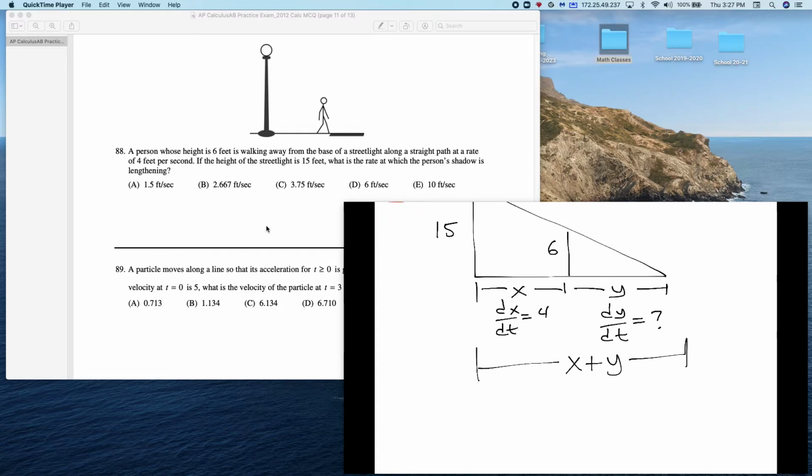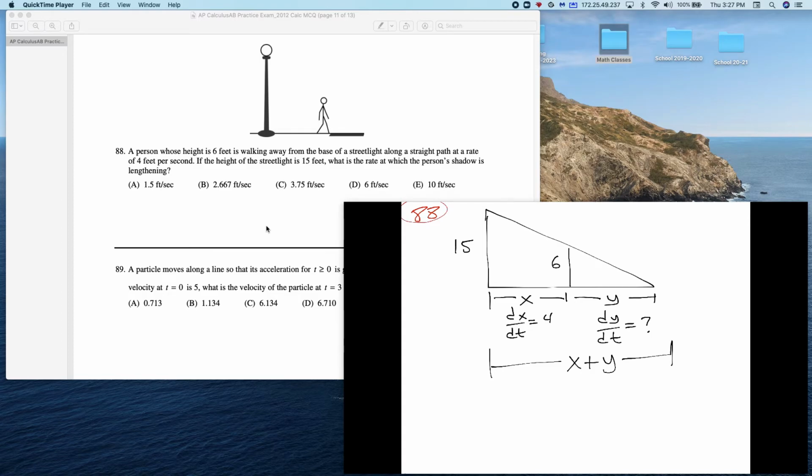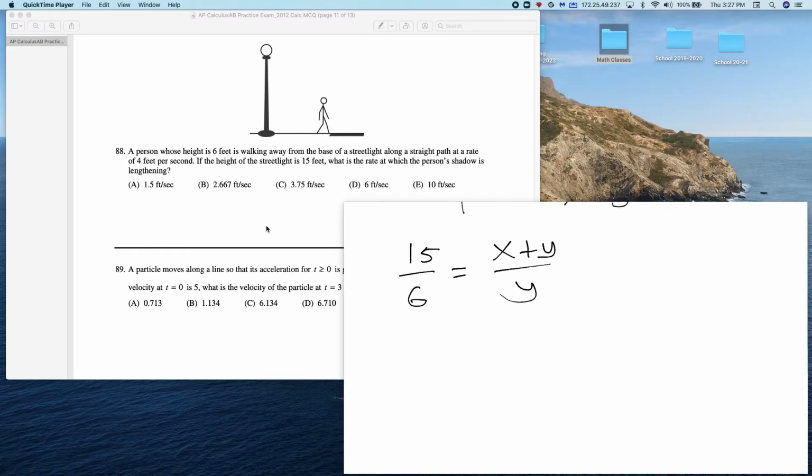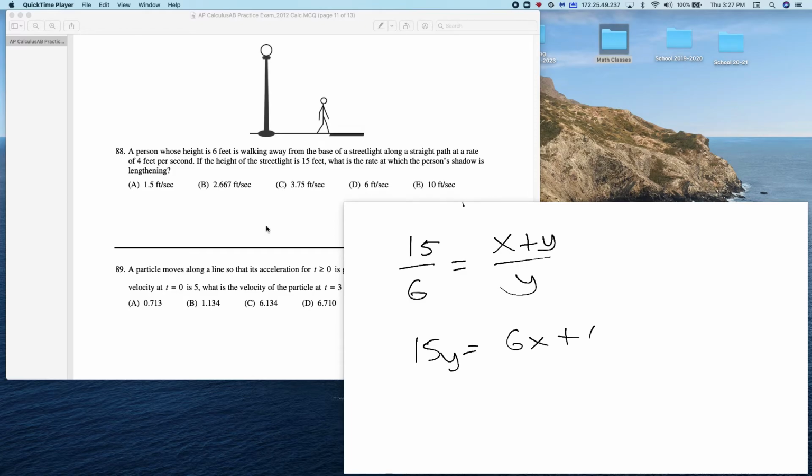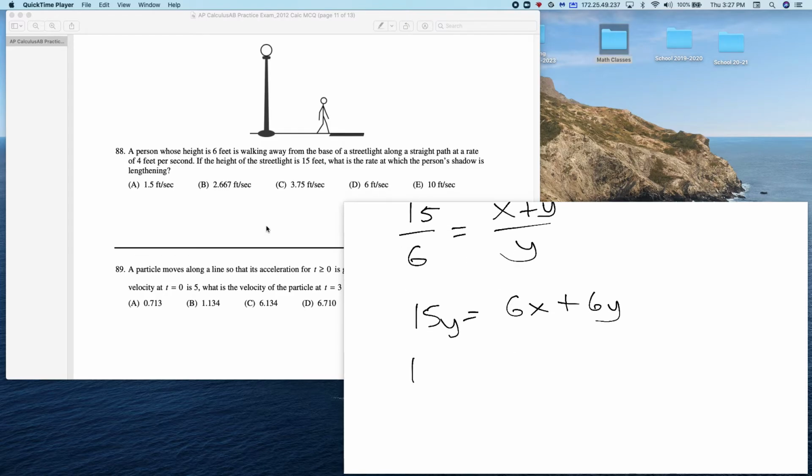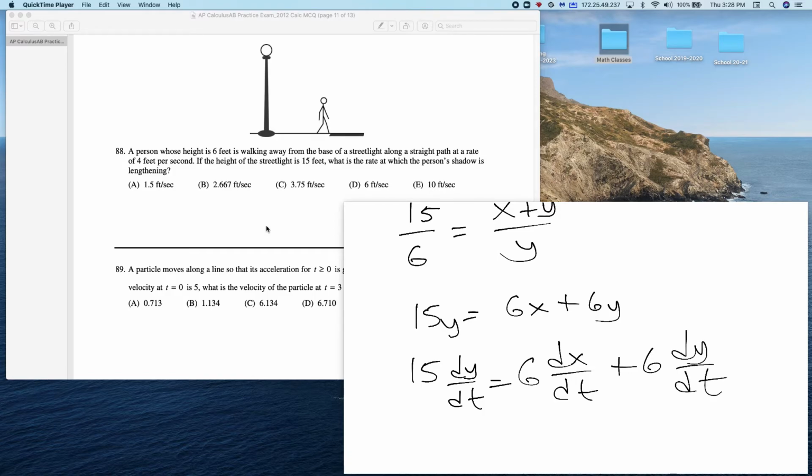From this diagram, using similar triangles, 15 divided by 6 has to equal x plus y divided by y. Based on that, 15y is equal to 6x plus 6y if we cross multiply. If we differentiate, 15 dy dt is equal to 6 dx dt plus 6 dy dt.